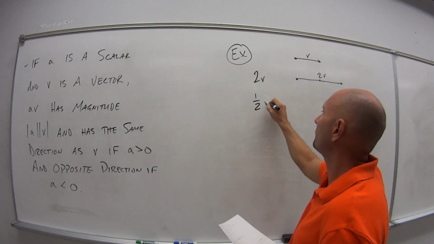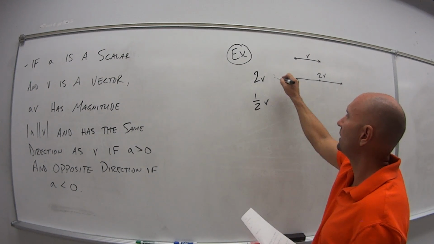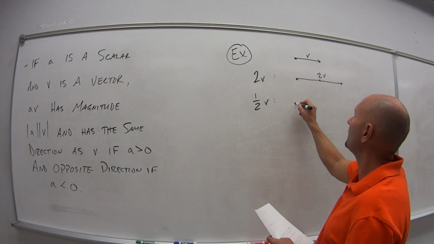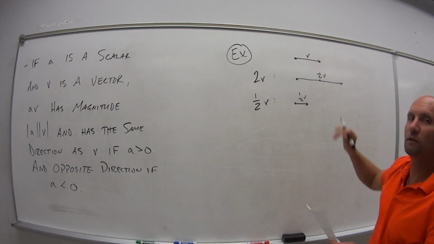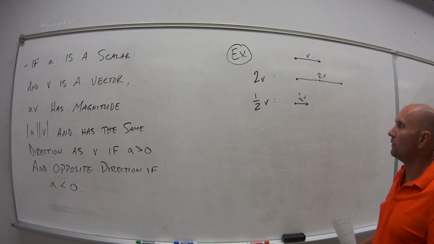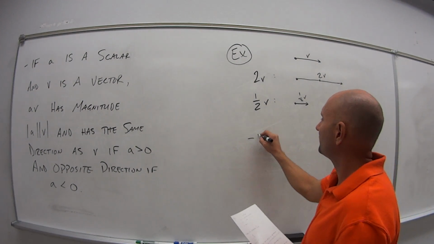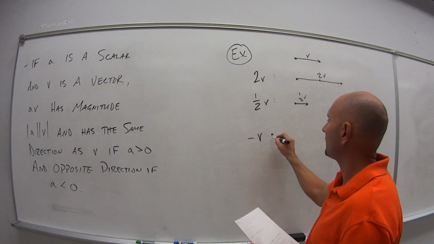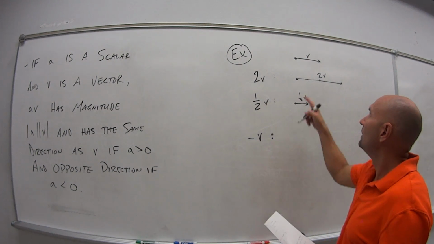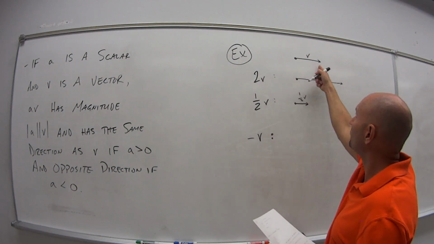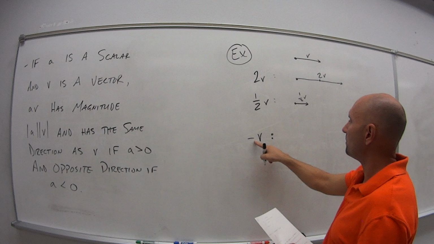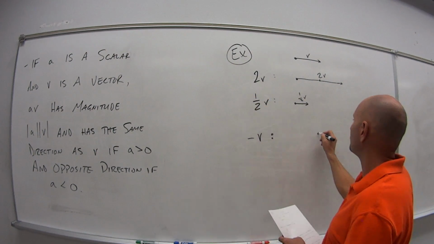I could also have fraction scalars, so 1/2 times V would have half the length of my original vector V. And lastly, if I have -1 as my scalar, so minus V, it's still the same length because 1 times V has the same length, but the minus sign means it goes the opposite direction.